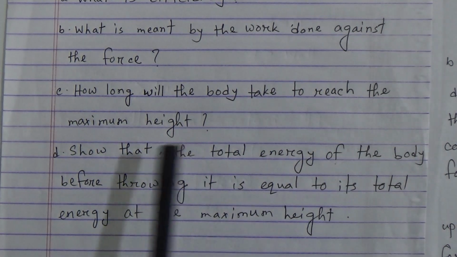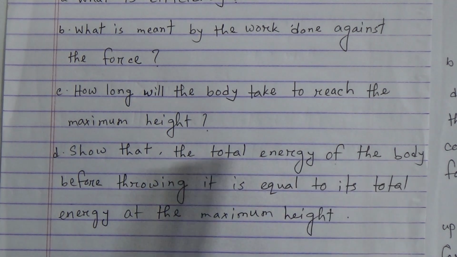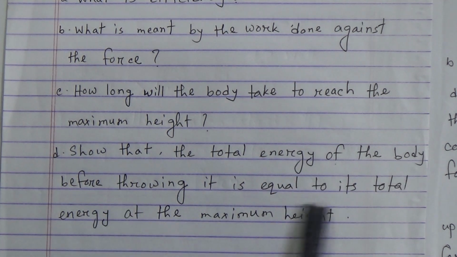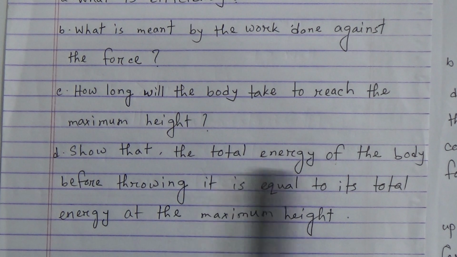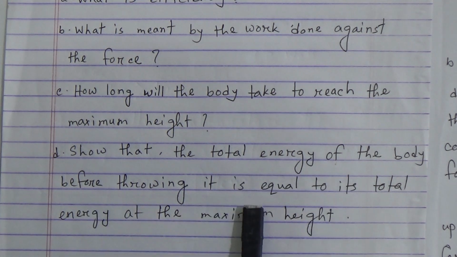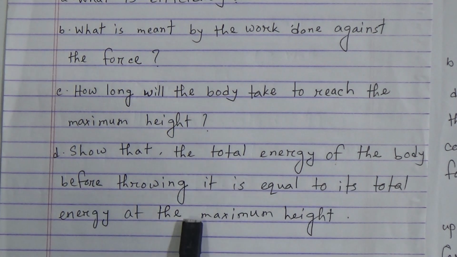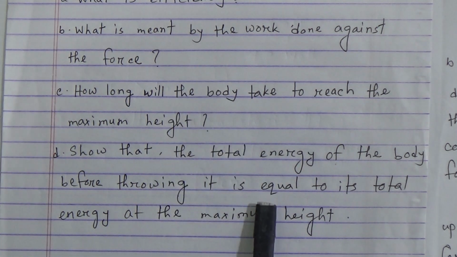Question number D. Show that the total energy of the body before throwing it is equal to its total energy at the maximum height. My dear students, see, we have to find out the total energy of the body before throwing. Total energy means the potential energy plus kinetic energy.